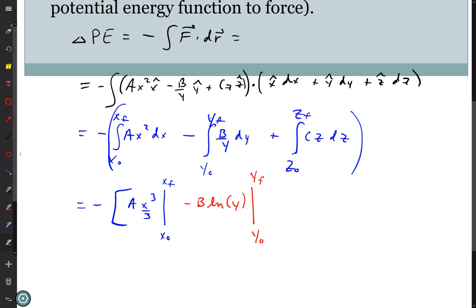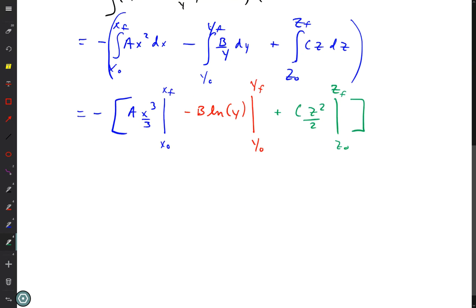And then finally, plus, what's this one? Okay, so now I just have to apply my limits. And at this point, I'm going to drop the f's off the finals when I put in my limits.